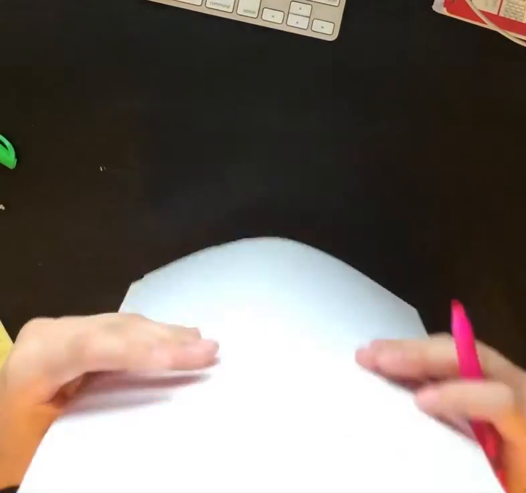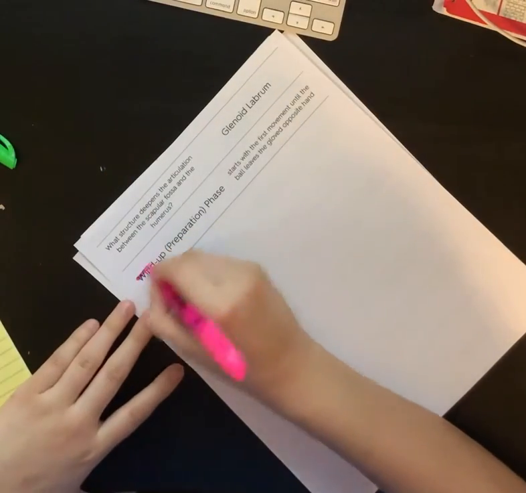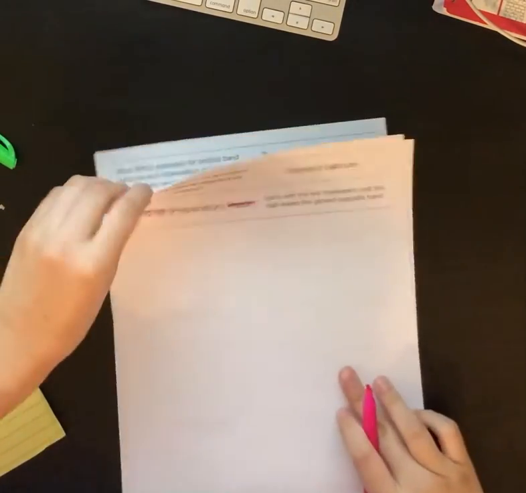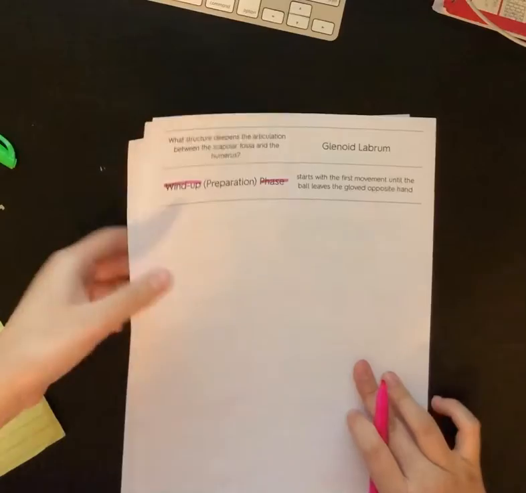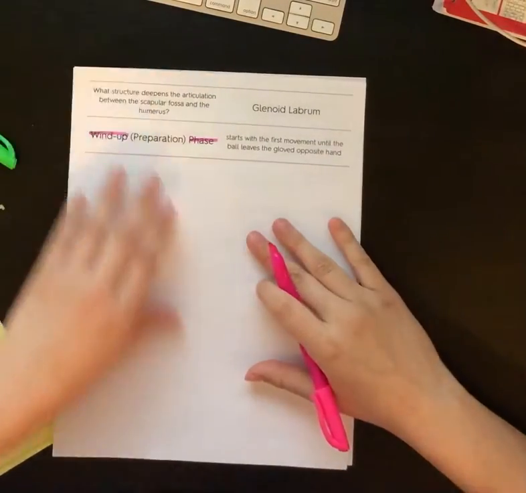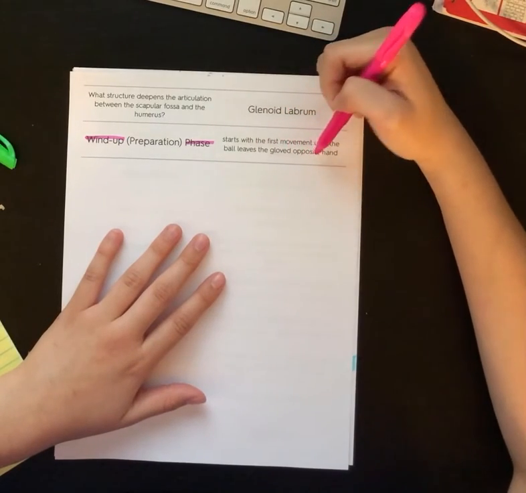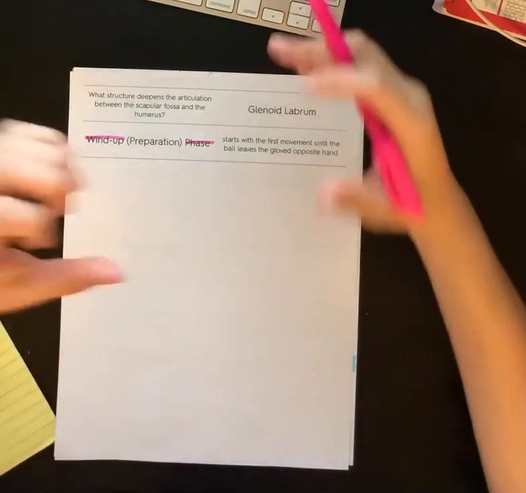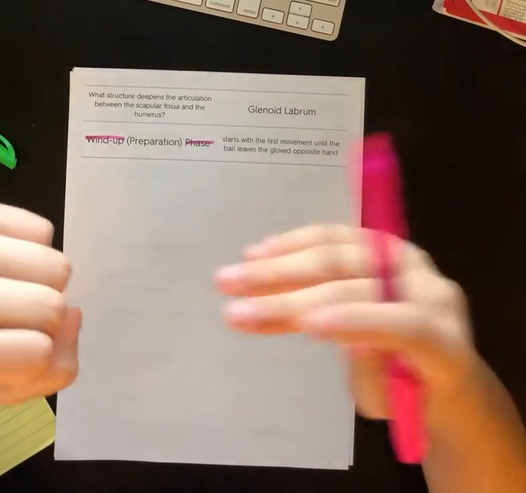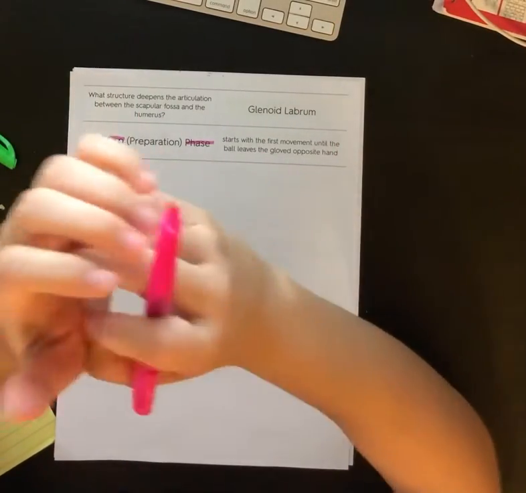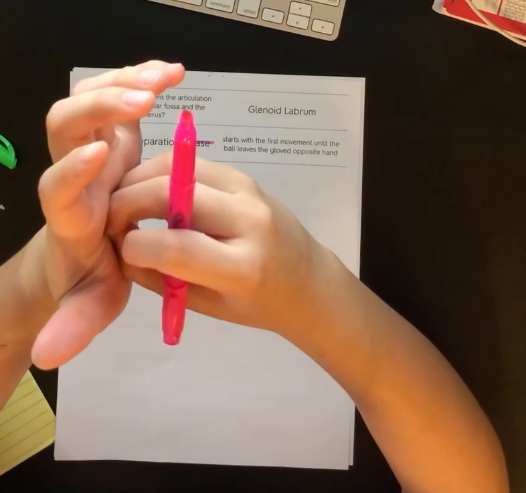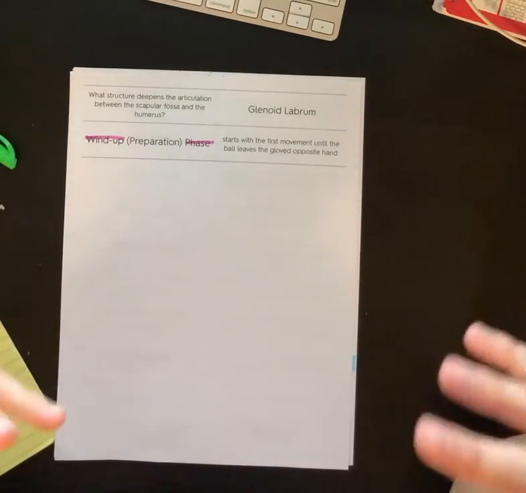We're going to jump right here to the second page. Okay, we're going to jump right here to the wind-up preparation phase. Sometimes I get this one and the cocking phase mixed up. One thing that really helps me differentiate is that it starts with the first movement until the ball leaves the gloved, opposite hand. Once you grab that ball and pull it back, you're already starting the wind-up phase.